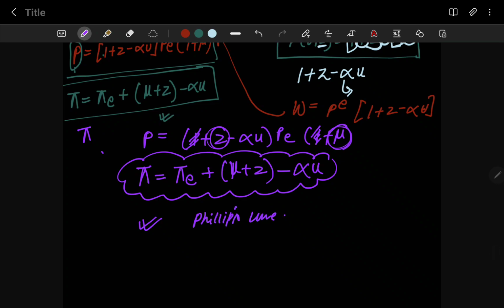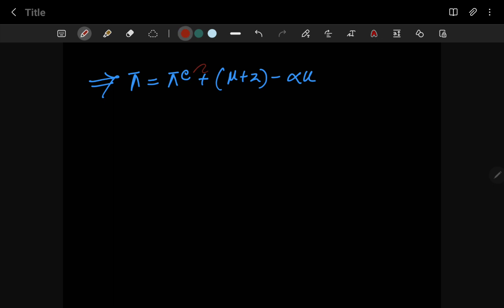Okay, so keeping that in mind, we'll move ahead. Again, the formula that we just noted down was pi equals pi E plus mu plus Z minus alpha U. If your expected inflation increases, then your inflation will automatically increase, keeping other factors constant.